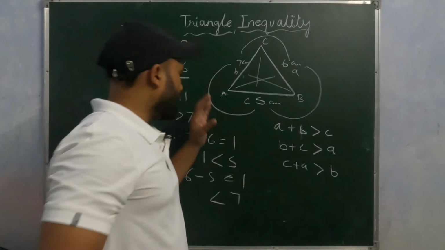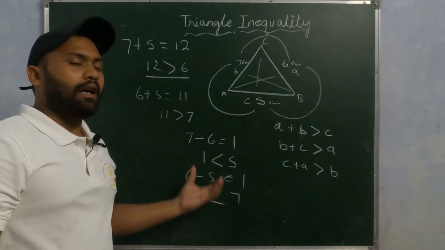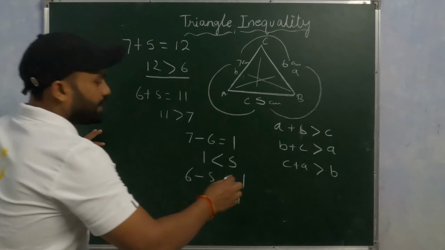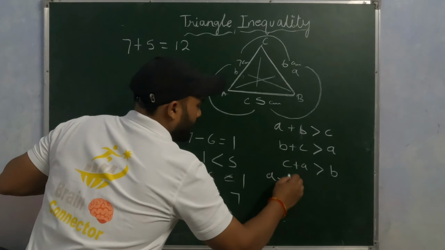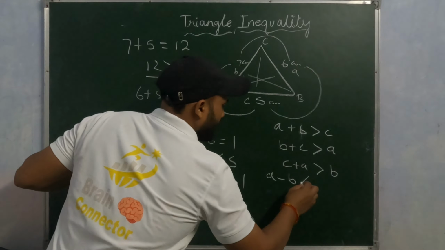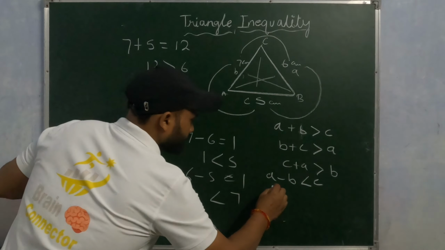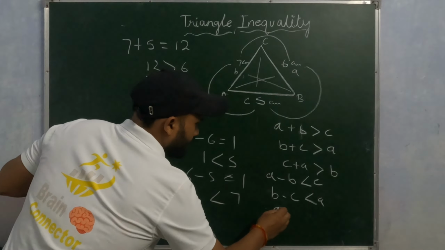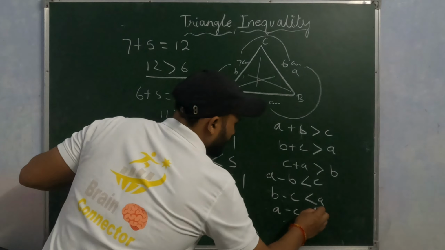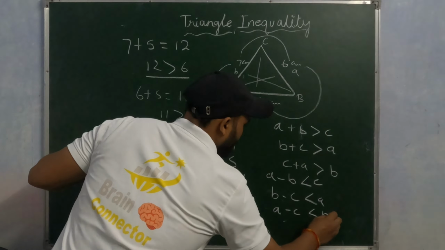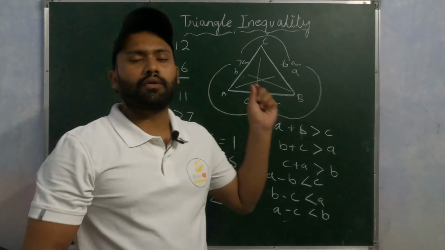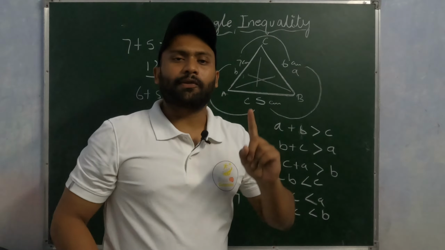So according to this, you will find the difference property: a minus b is always less than c, b minus c is always less than a, and a minus c is always less than b. Okay, so these two properties work in the inequality of the triangle. What is the first property?